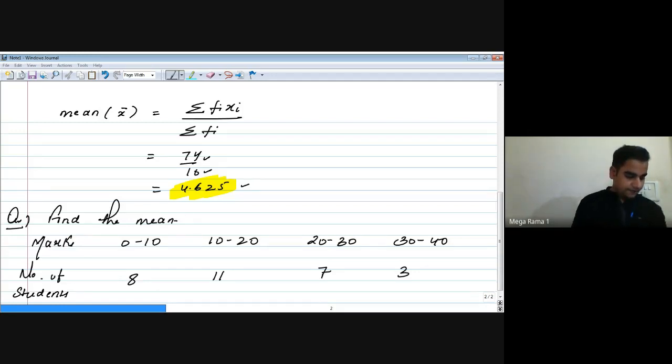16 point. No, that's not correct, Shiksha. Can you please cross check your calculation once? 17.068. Okay.